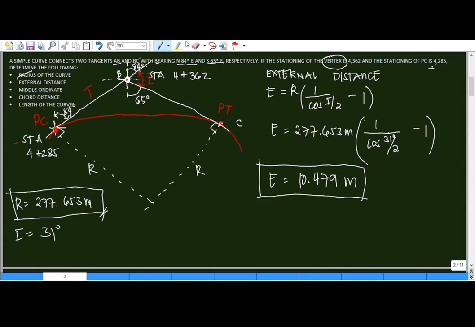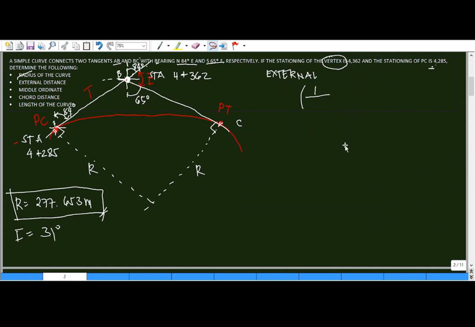How about the middle ordinate or yung middle distance? So how am I going to solve that one? So for the middle distance, again, we have already derived the formula a while ago. So the middle ordinate, that is M is equal to R multiplied by 1 minus cosine of I over 2.